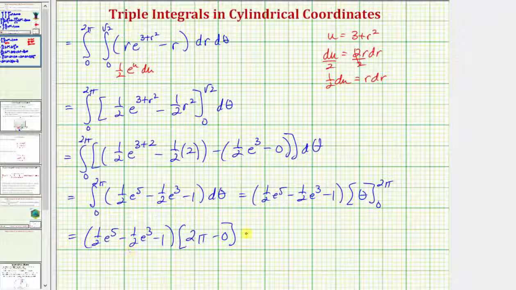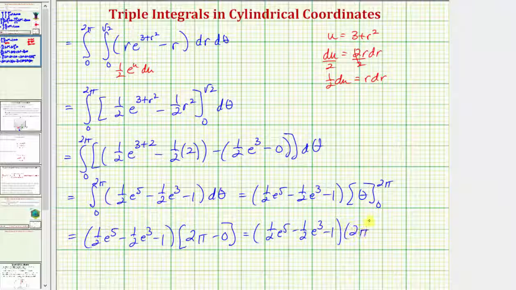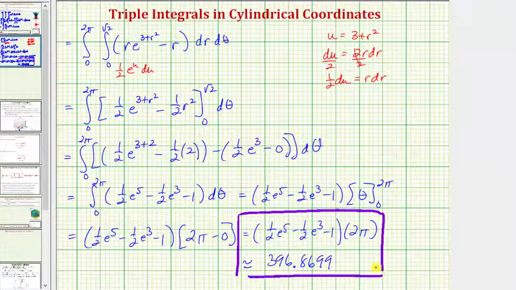So the exact value of the triple integral is going to be 1/2 e to the 5th minus 1/2 e to the 3rd minus 1, times 2 pi. Or as a decimal approximation, this comes out to approximately 396.8699. I hope you found this helpful.